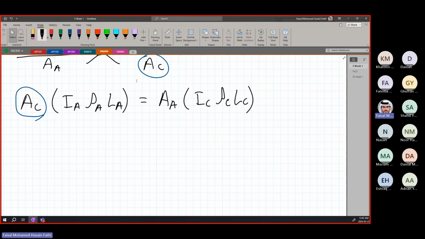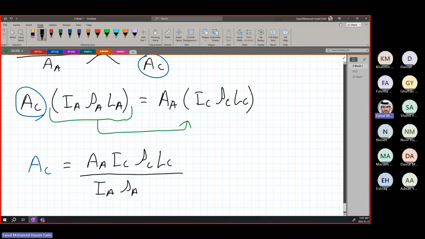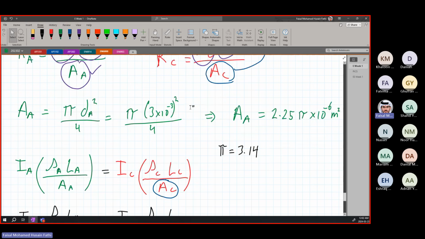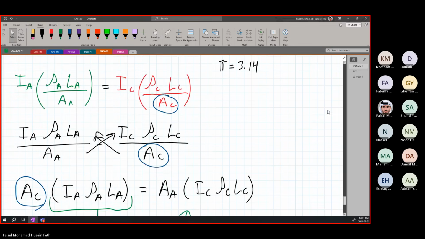So basically, I'm just going to take this part and take it to the bottom here. That's all I'm going to do. So AC is equal to AA IC rho C LC divided by IA rho A LA. We have all these numbers. Now we can come back here and plug them in one by one. So AC is equal to AA. We go back, we find AA. It's 2.25 pi times 10 to the minus 6.